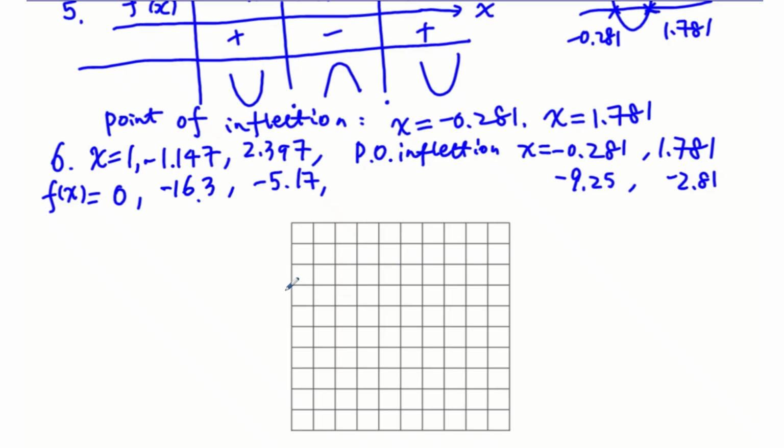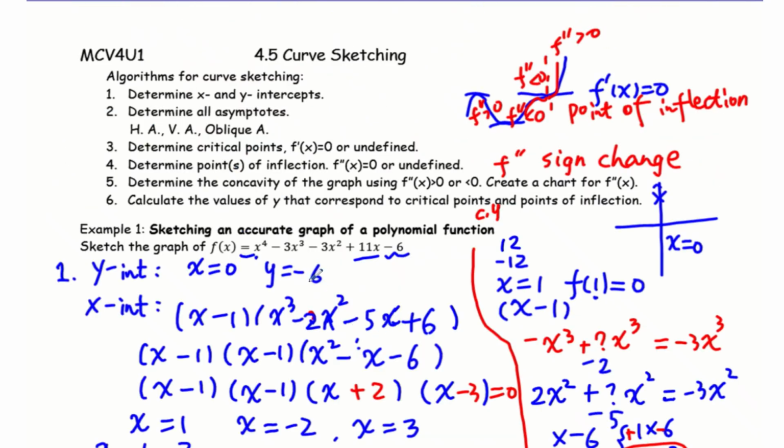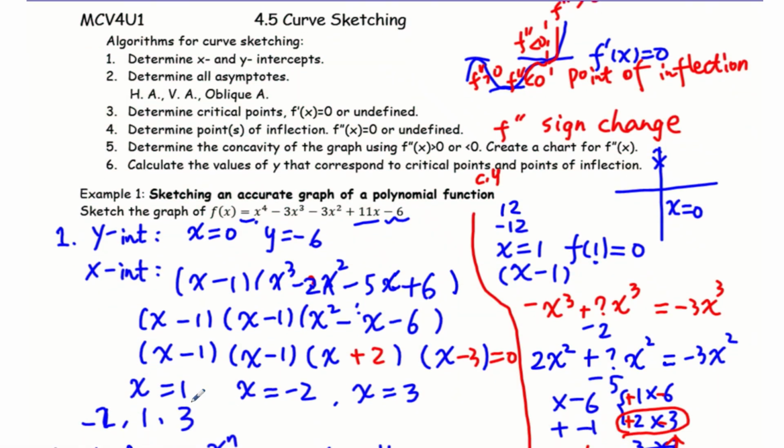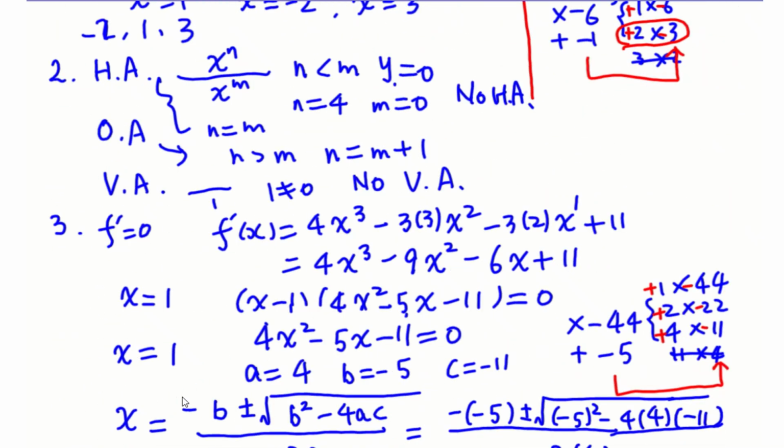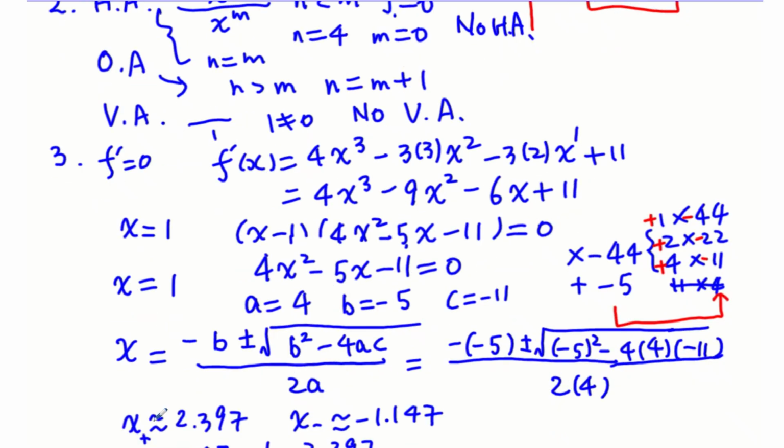Okay, so we set up the x and the y first. The reason why we pick the x here, because for the y value, the minimum is negative 16.3, and for the maximum, we come back to see the y intercept is negative 6, the x intercepts are negative 2, 1, 3, no asymptotes, and these are the values for the critical points.